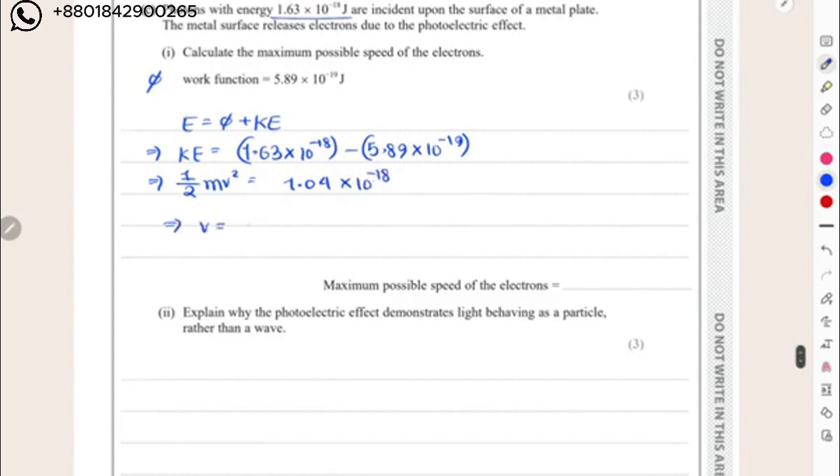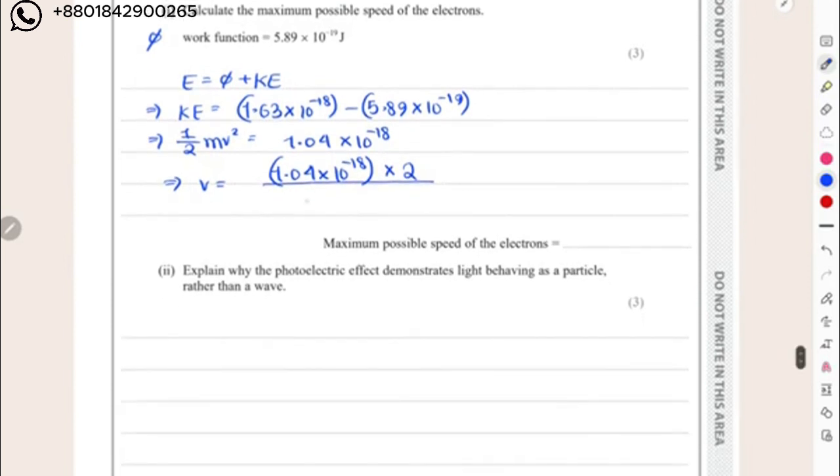If you make v the subject, it becomes 1.04 × 10^-18, this entire thing multiplied by 2, and finally divided by the mass of your electron, which was 9.11 × 10^-31. The entire thing will be under a root because you had a velocity squared in the equation. If you calculate this, you approximately get a value of 1.5 × 10^6 meters per second, which is the value of your velocity.